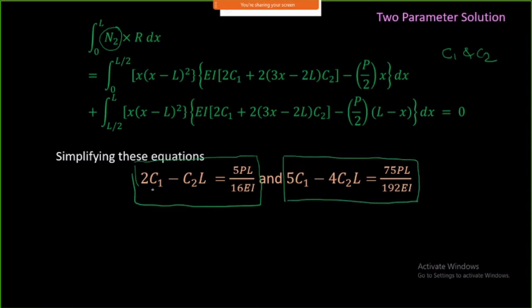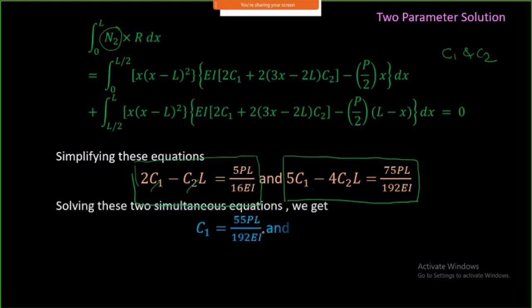Two unknowns, c1 and c2, and two equations. We can solve these simultaneously and get the two constants: 55PL by 192 EI and 25PL by 96 EI.